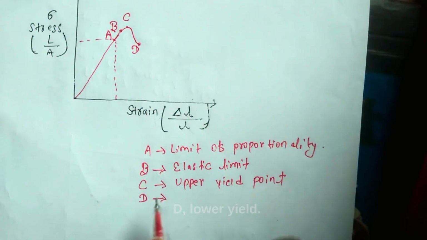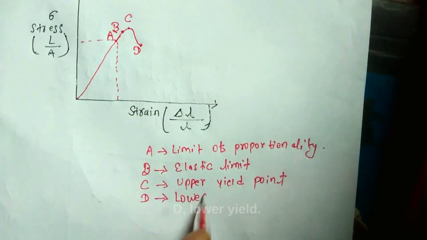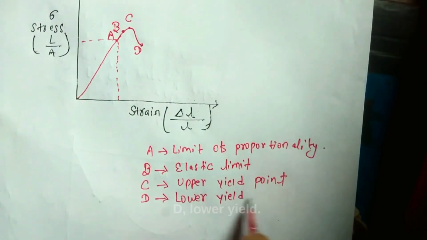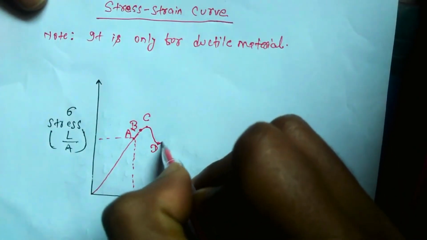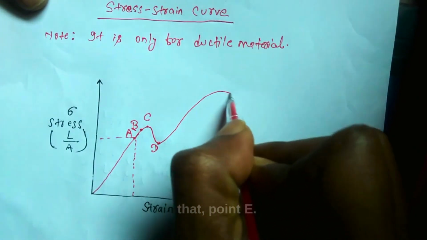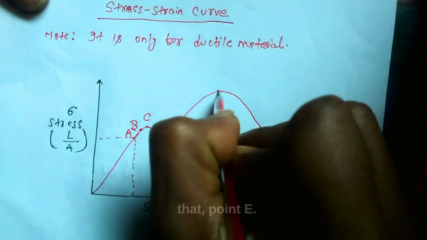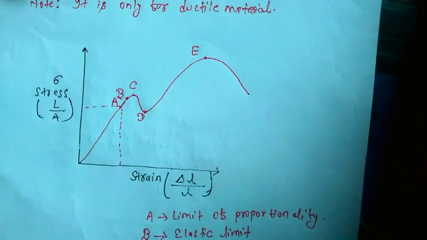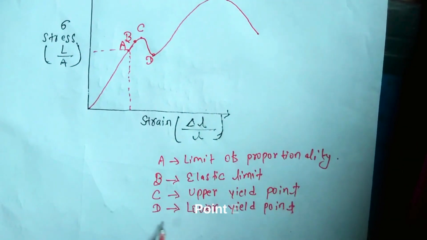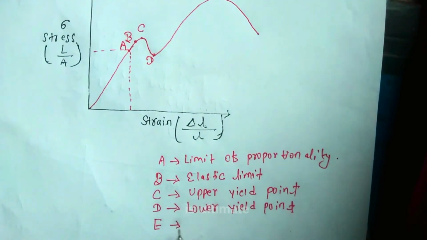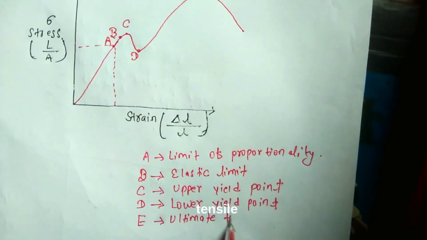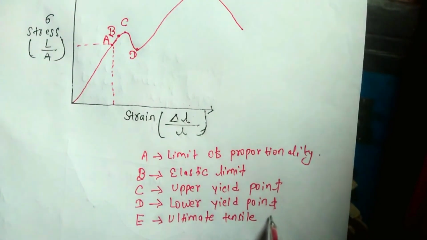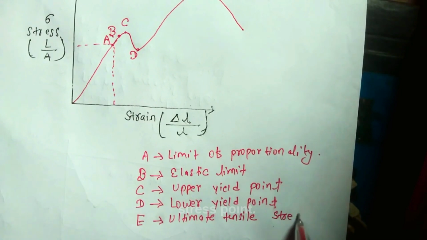Point D is the lower yield point. After that point E is the ultimate tensile stress point.